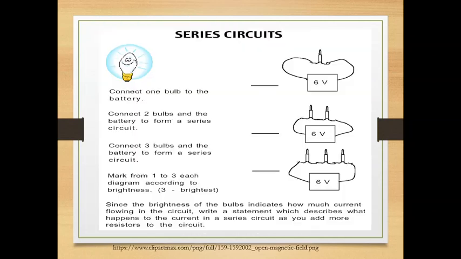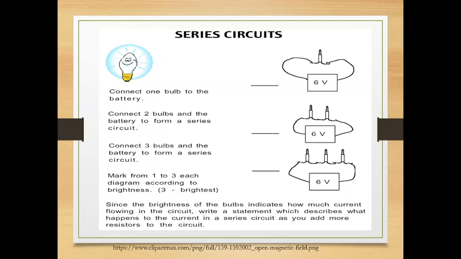If we're going to talk about series circuits, first of all connect one bulb to the battery, then connect two bulbs and the battery to form a series circuit, connect three bulbs and the battery to form a series circuit. Mark from 1 to 3 each diagram according to the brightness.